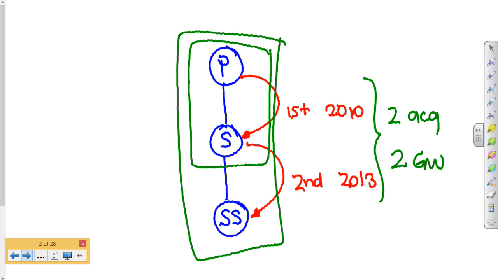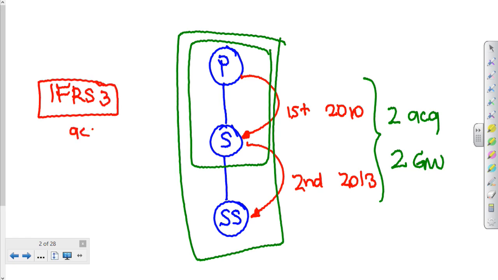Remember in our very first lecture, we looked at acquisition entries. We said IFRS 3 is the acquisition entry where we acquire control. Acquisition transaction. When we have vertical groups, we could have a situation where we have two acquisitions and two goodwills. Look at this case. The parent bought the subsidiary in 2010. The first acquisition transaction happened in the group in 2010, and there would have been a goodwill number in 2010.